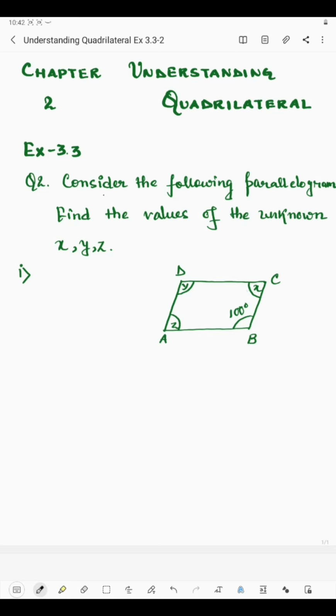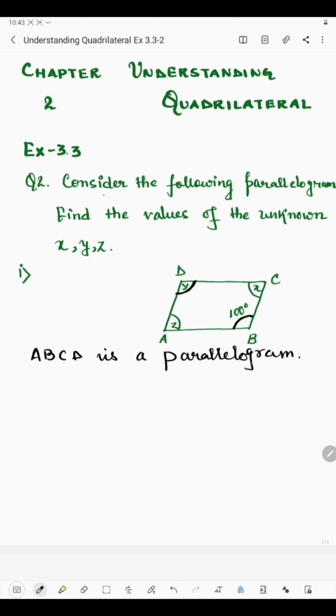Before finding the values of x, y and z, we need to know the properties of a parallelogram. Here A, B, C, D is a parallelogram, isn't it? In a parallelogram, opposite sides are equal, opposite angles are also equal. So here, angle B and angle D are opposite angles, isn't it?